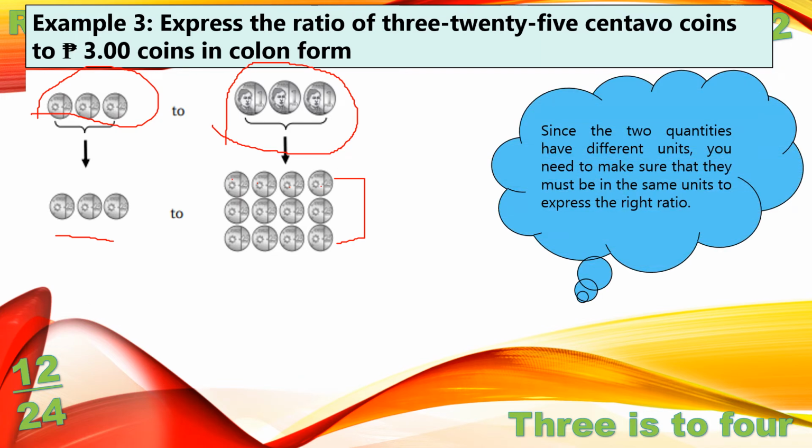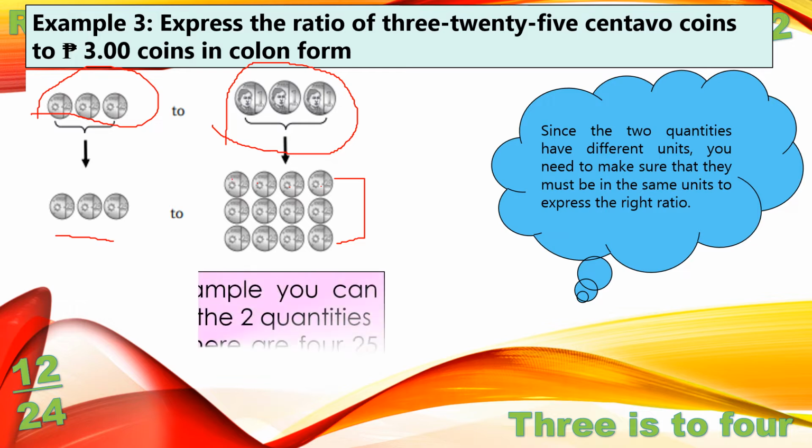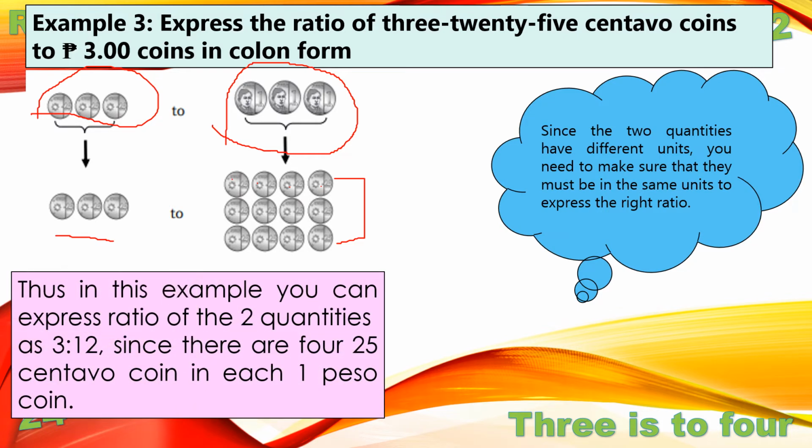So, ginawa natin 25 centavos yung 3 pesos. Since the two quantities have different units, you need to make sure that they are in the same units to express the right ratio. So thus, in this example, you can express the ratio of the two quantities as 3:12, since there are 4 25-centavo coins in each 1 peso coin.